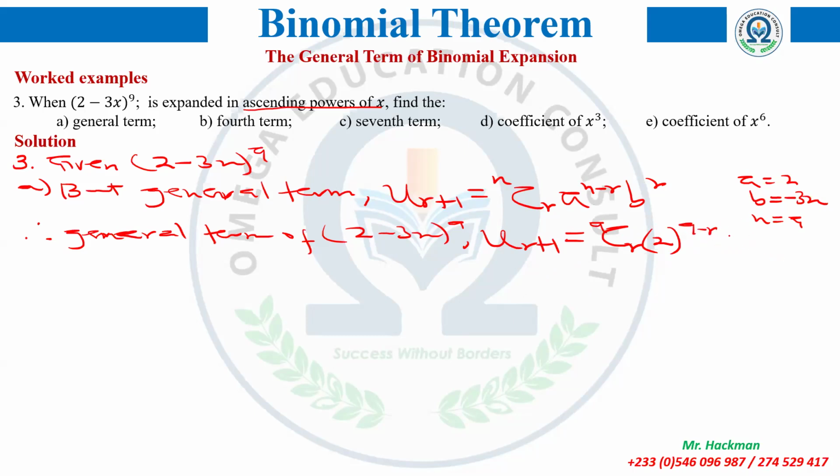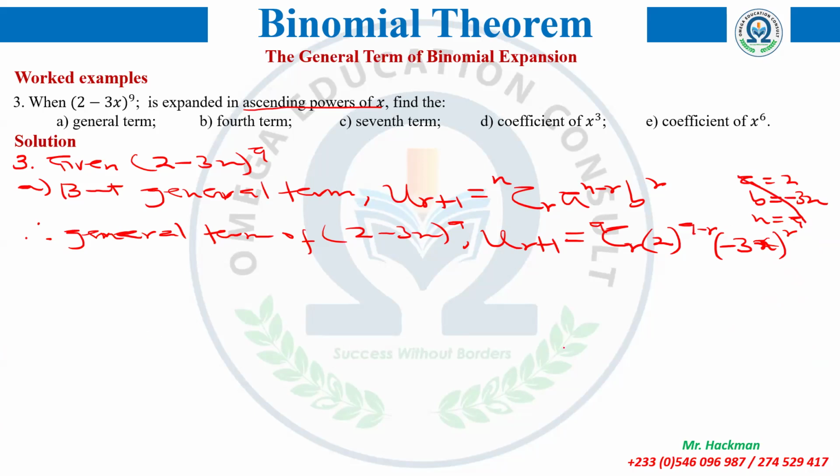Then your b, which is minus 3x, you put that in brackets, very critical, to the power r. This is your rough work, don't forget to strike it out.